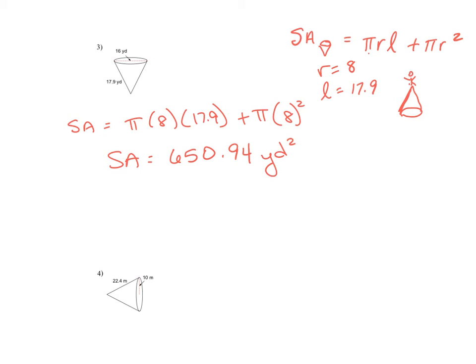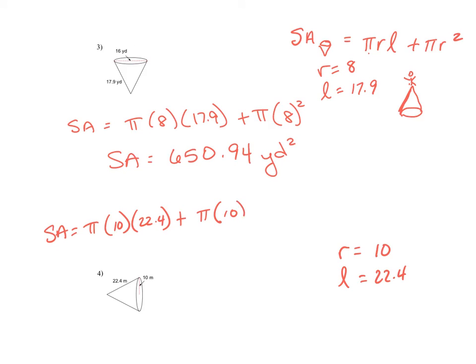So the next one, we have radius is 10. They gave us the radius. The slant height is 22.4. This one's in meters. So we're going to put in surface area equals pi times radius times slant height plus pi times radius squared.